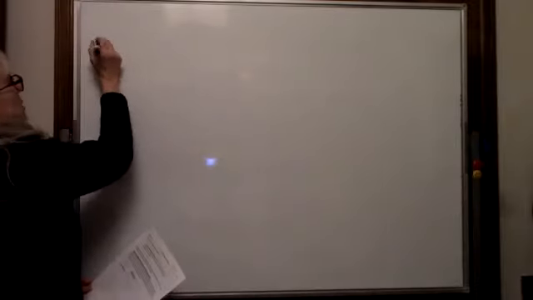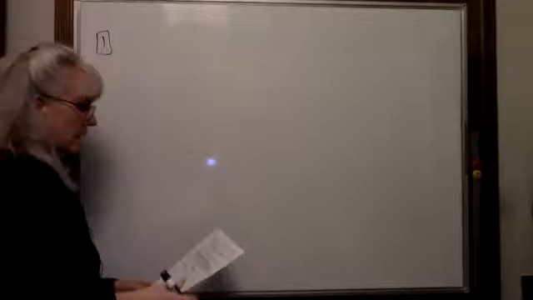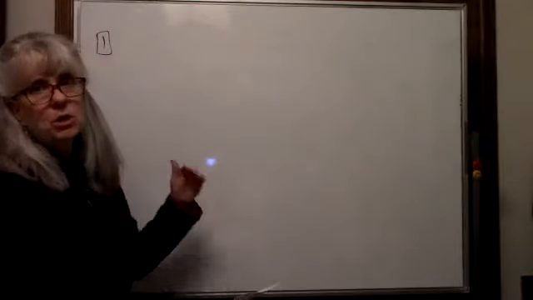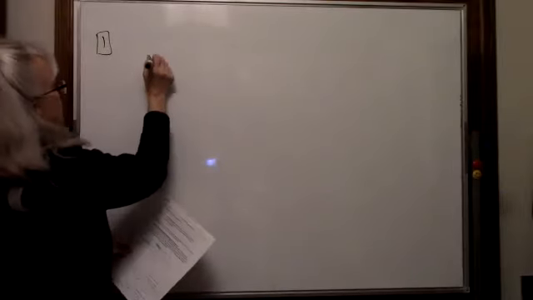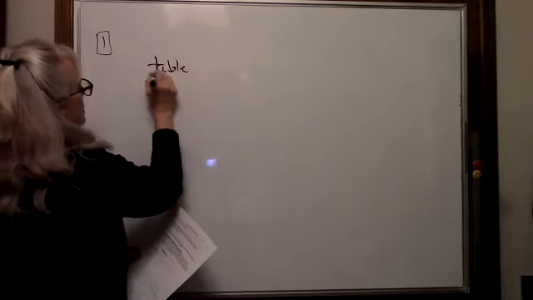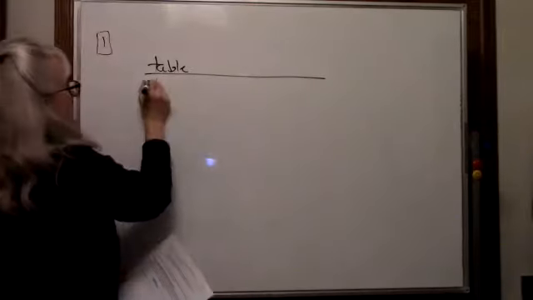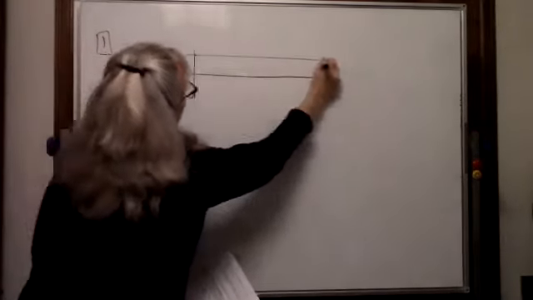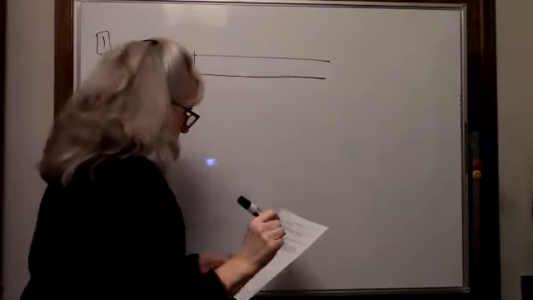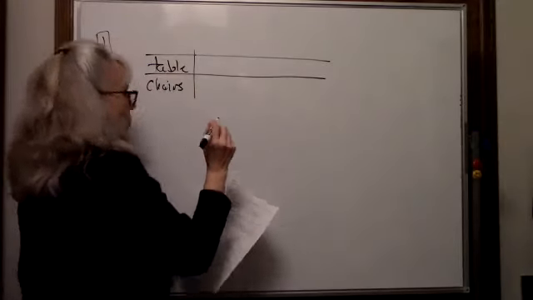So to help us organize what's going on, I'm going to use a little bit of a table just to organize information and show you where the information is coming from. So we're making tables, dining tables. We're also going to make chairs. And that's what we produce in our business. Okay, it goes on to tell me that each table requires 40 board feet.